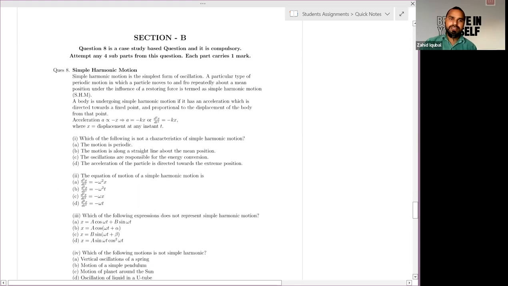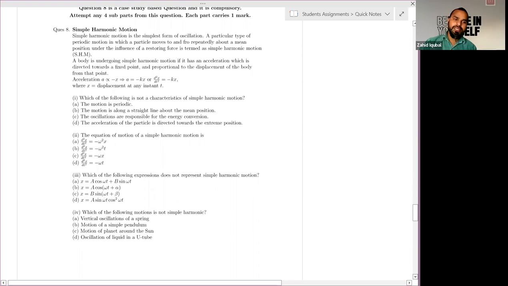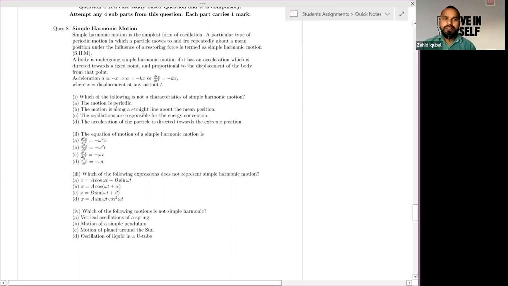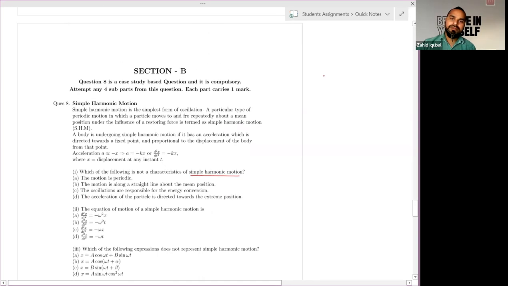Section B is a case-based study on simple harmonic motion, in which the first question is, which of the following is not a characteristic of simple harmonic motion? It is periodic. Yes, it should be periodic. Option D, the acceleration of the particle is directed towards the mean position. Suppose you have a simple pendulum. This is your mean position, and the bob is at any instant at this point.